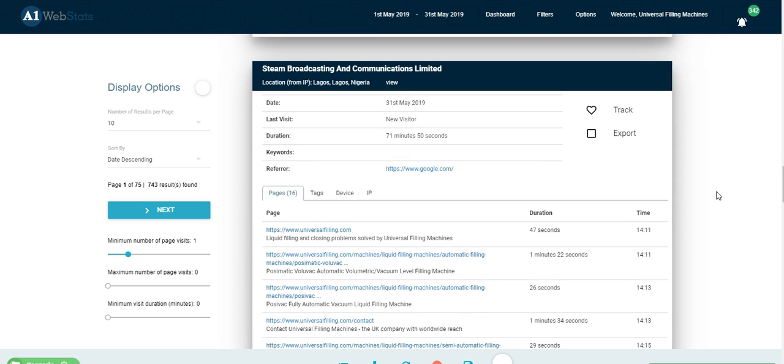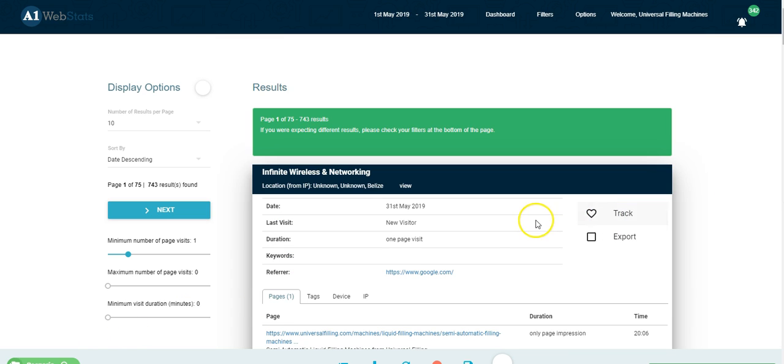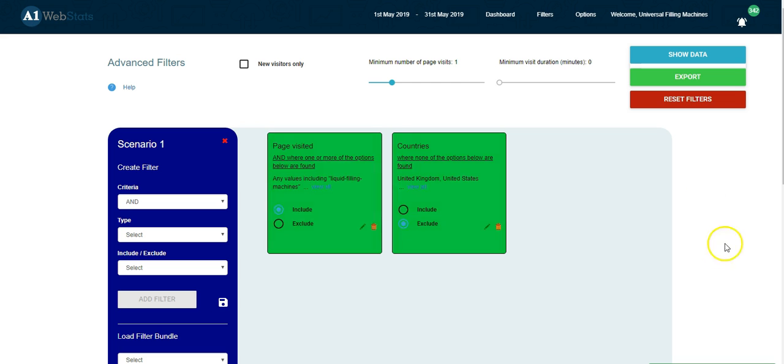And you can carry on going through the data, looking at visits in a similar way. The key question to have in mind is if 743 of those visitors got as far as those pages, how did that translate into actual inquiries gained? If the level of inquiries is very low from overseas visitors, then you do have to ask questions about why that is.